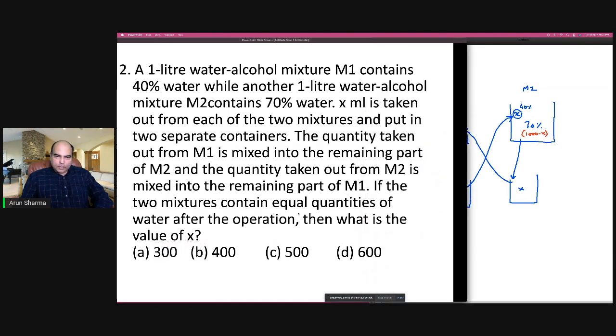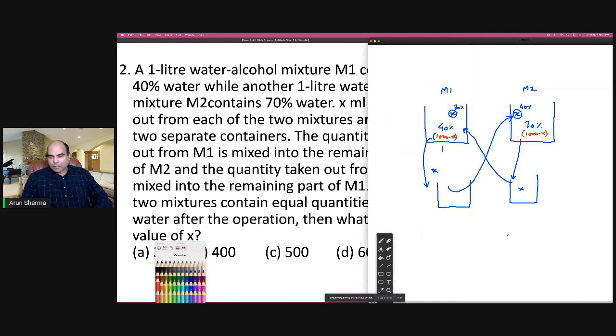Now the question says, after this, if the two mixtures contain equal quantities of water after the operation, that means you're mixing X of 40% plus 1000 minus X of 70%.